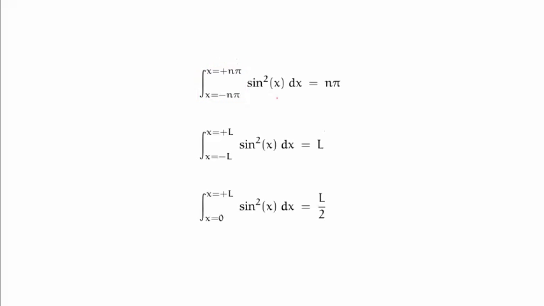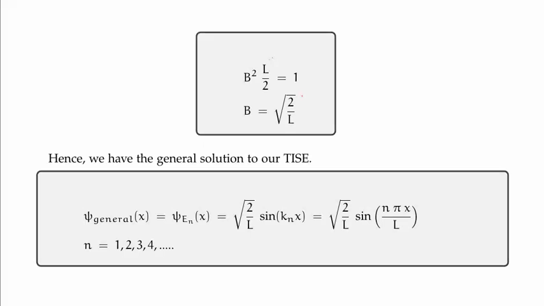In this case, negative to positive n pi. The result is going to be n pi. Similarly, if it's integrated from negative to positive L, the answer is going to be L. Now, our interval is half of that, hence it's going to be from 0 to L, and the evaluated sine squared is going to be L over 2. And we have our solution.